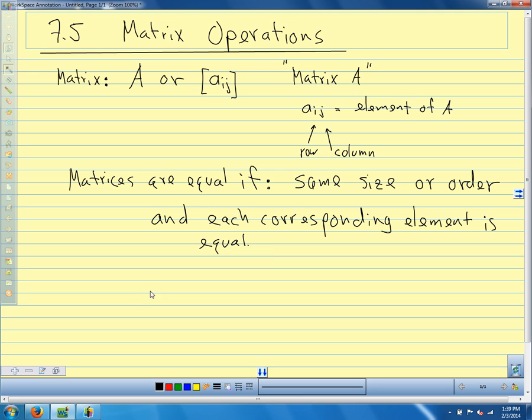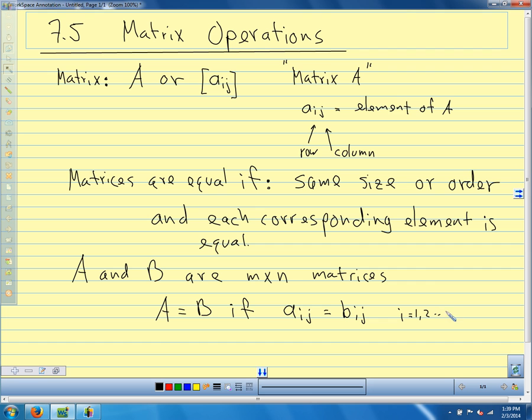The way we write that in symbols is: if matrix A and matrix B are both m by n matrices, matrix A equals matrix B if each element Aij equals Bij for i from 1 to m, and j from 1 to n.